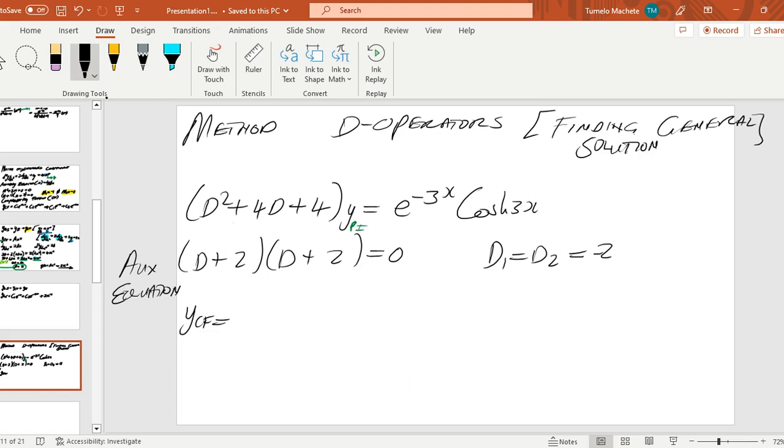So to find the YCF, since the factors are the same, as I already told you, you're going to say C1 e to the minus 2x plus C2 x e to the minus 2x. Remember, I told you, since the factors are the same, you just multiply with the x.